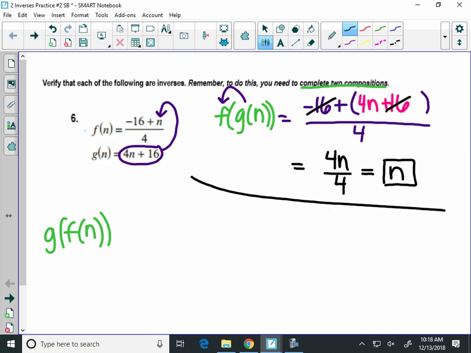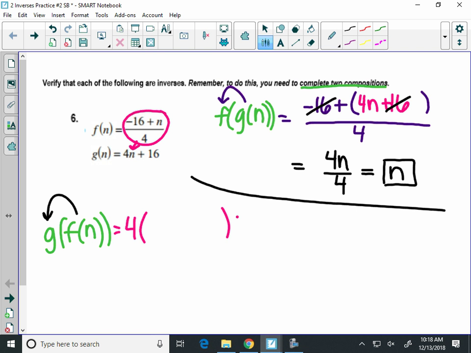Our second composition takes the function of f into g. So this time, you're going to take that entire top function, the whole fraction, and put it into g for n. So we start with g, put a spot for our x, plus 16. Now this whole fraction, negative 16 plus n over 4 goes in.